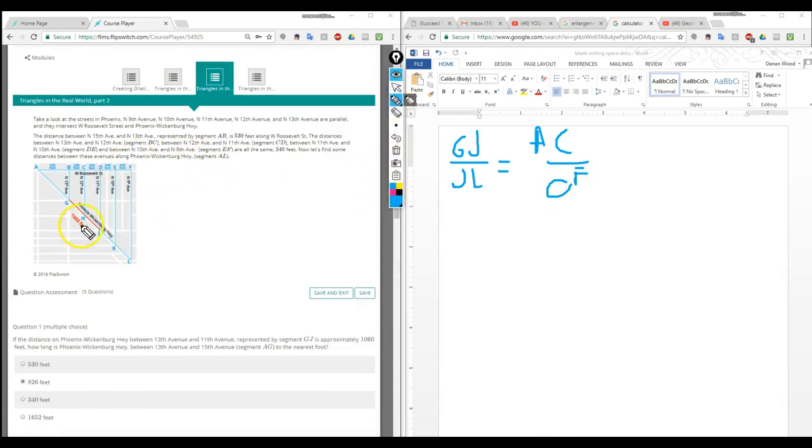G to J right here compared to JL has to equal A to C and C to F. No, because A to C includes a portion that is not included in our G to J. If we were going to go all the way to point A, we would have to go all the way to point A on this side as well. So that one's not.